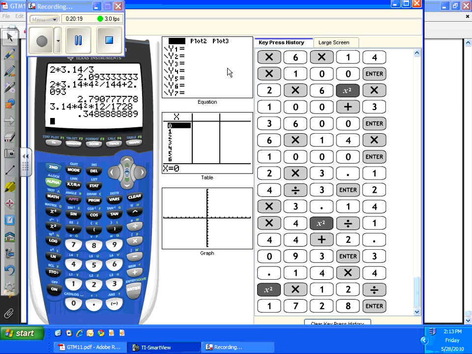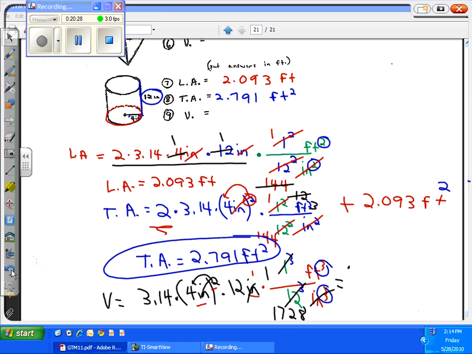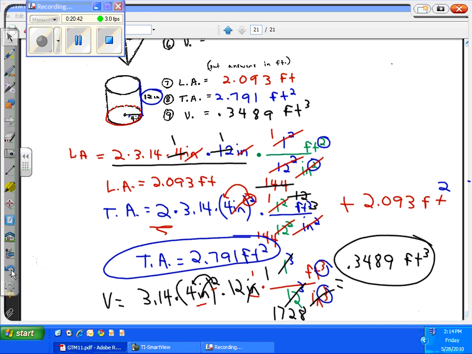We'll just call it 0.3489. And we lost the name cubic inches and gained the name cubic feet. 0.3489 cubic feet.